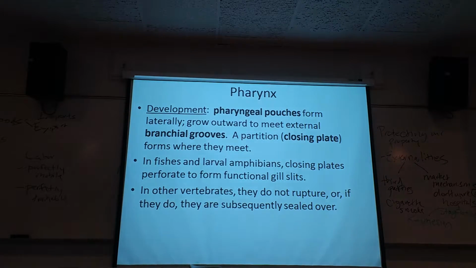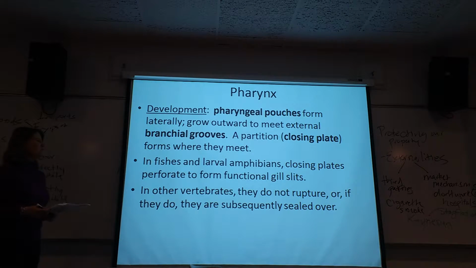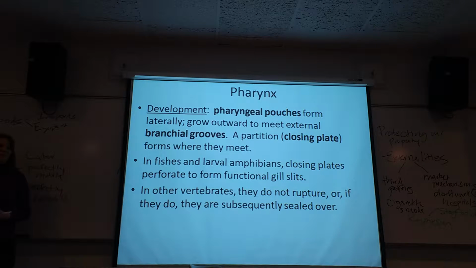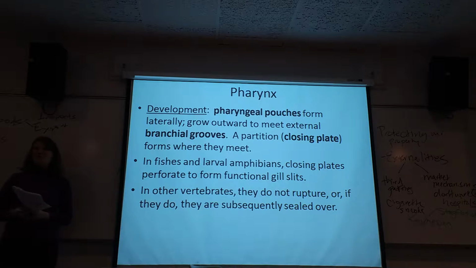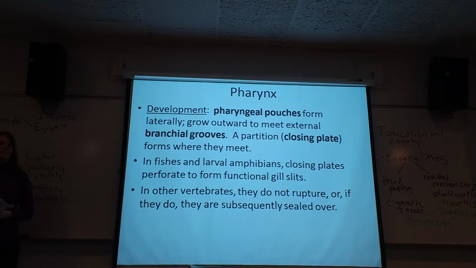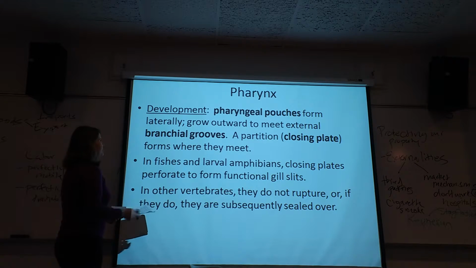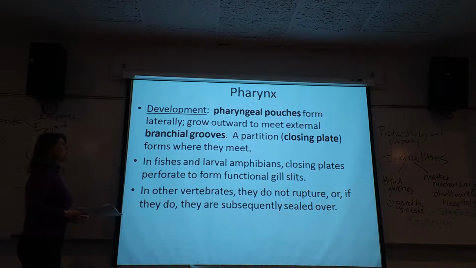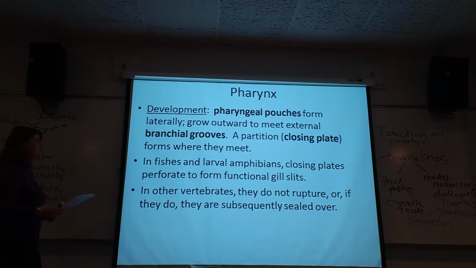So in terms of embryonic development, the pharynx is actually a very interesting area. And it develops into what's known as pharyngeal pouches. In fishes and some aquatic organisms, the pharyngeal pouches actually break through the surface to produce gill openings. But in mammals and most terrestrial organisms, they don't. So these pharyngeal pouches will form laterally in the developing embryo along the side of the pharynx.